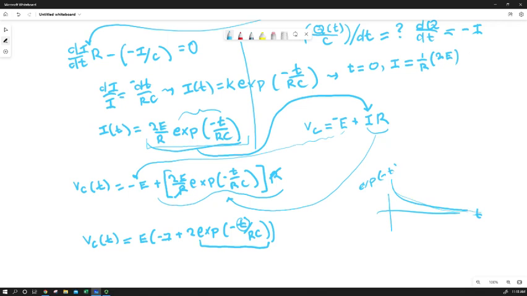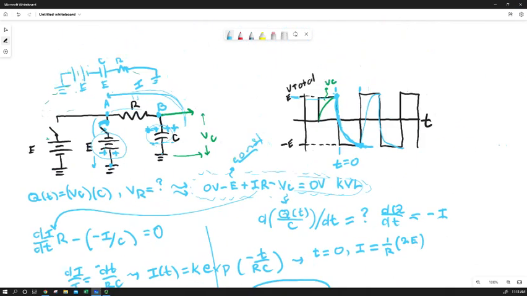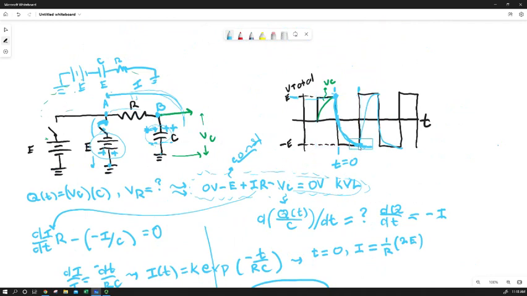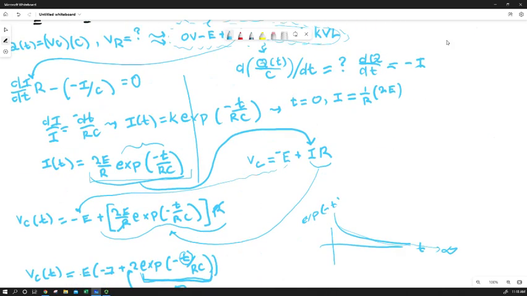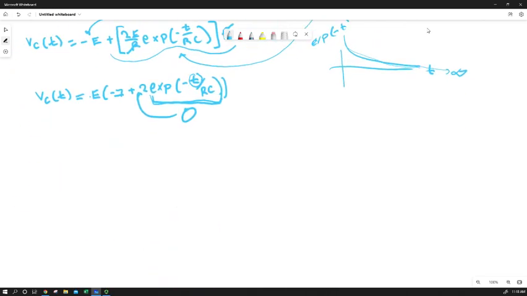So as t approaches infinity, exponent of negative t approaches 0. 0 times 2 is 0. E times negative 1 plus 0 is negative E, which is exactly what I would predict I would be measuring at this point in my square wave function. So that curve is something that I feel like I could trust, which is great.